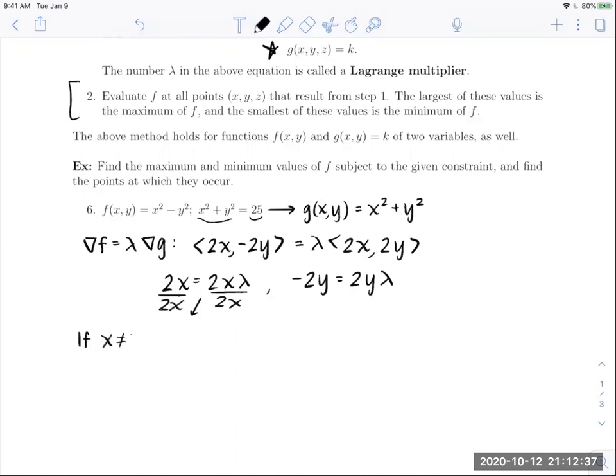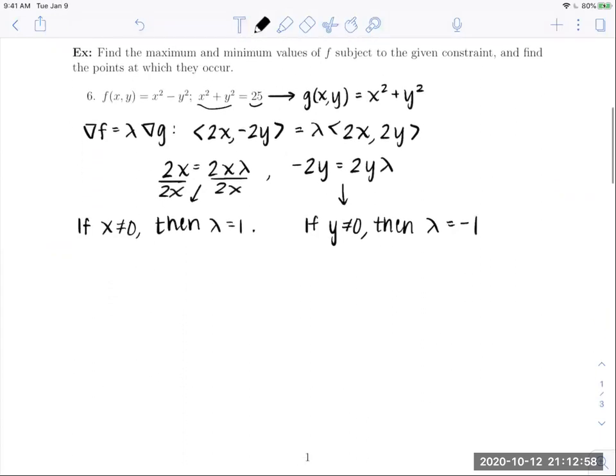If x is non-zero, then that leads us to believe that lambda equals 1. And then similarly on the other side, if y is non-zero, then lambda is negative 1. So we'd like to analyze these two cases.